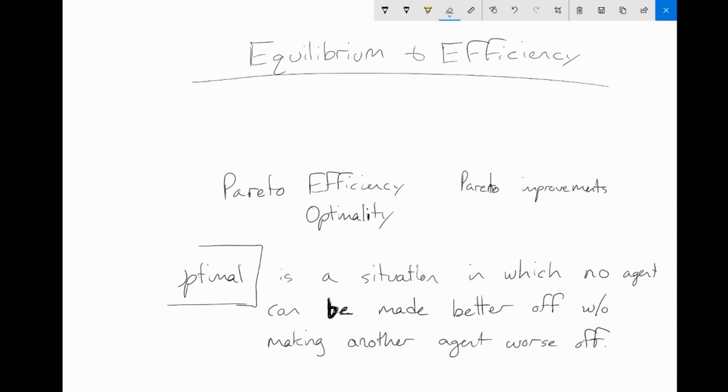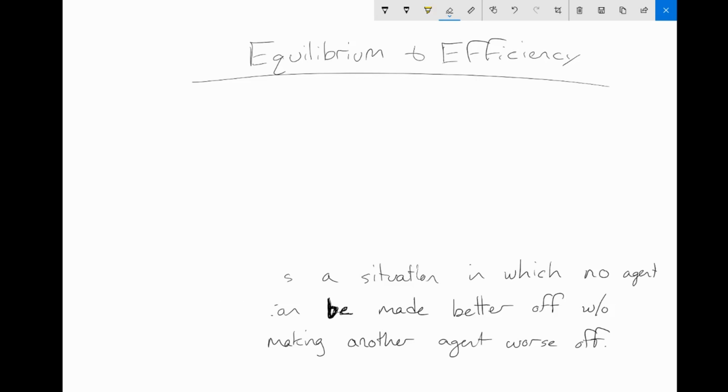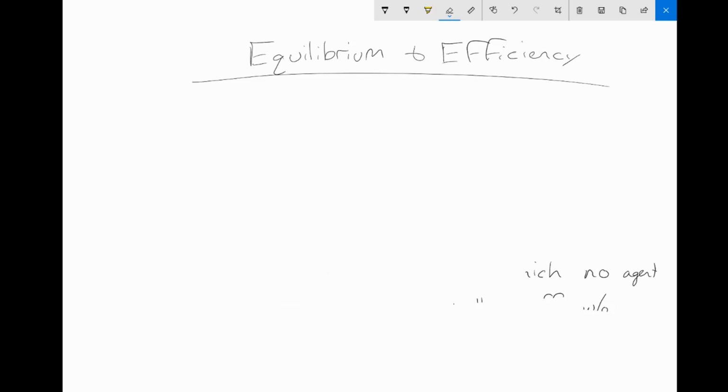So let's remember, an equilibrium is when an economy has undergone exchanges and trades and production and consumption decisions until the point where all the trades and decisions have been made. The question is, when is an equilibrium efficient?